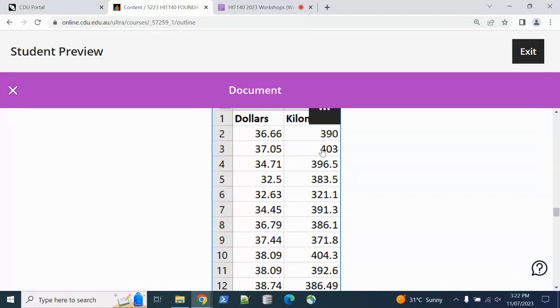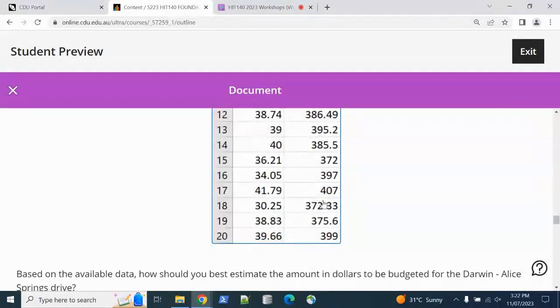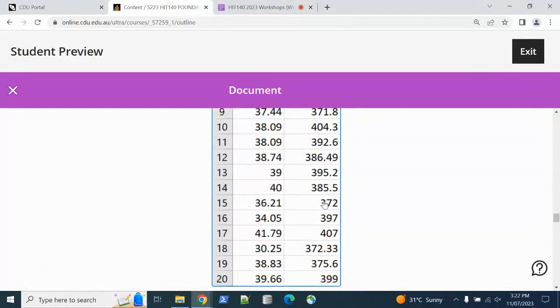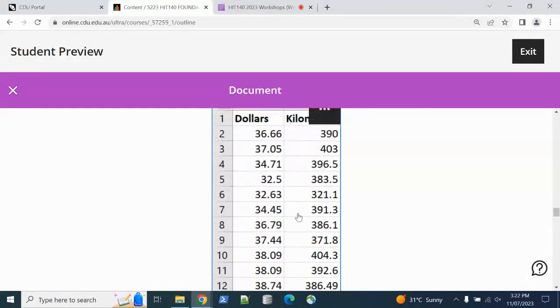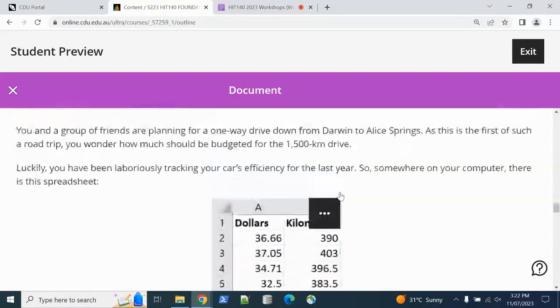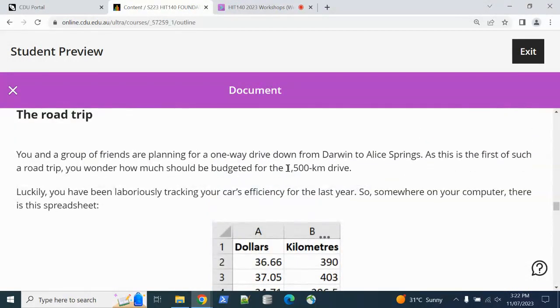In another trip, you traveled 403 kilometers and paid this much, and so on. So here is the solution: you can use regression to learn from this existing data set so that you can make the best prediction of how many dollars you need to spend for 1,500 kilometers.